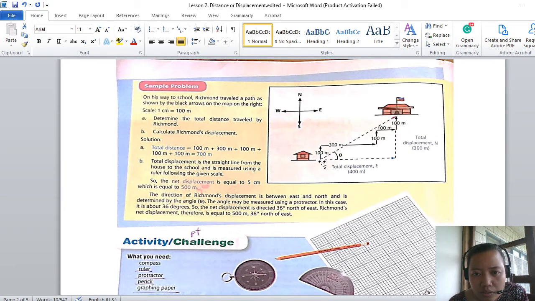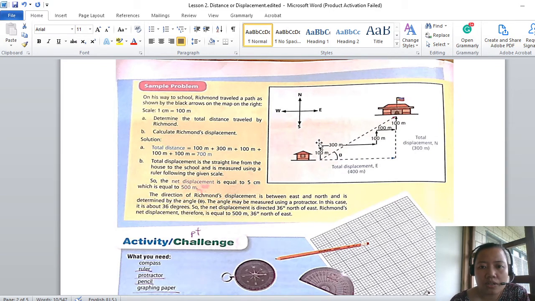So this is the path of Richmond, 100 meters. And then going sideward 300 meters. And then going north 100 meters. Going east 100 meters and going north 100 meters until he reached his school.